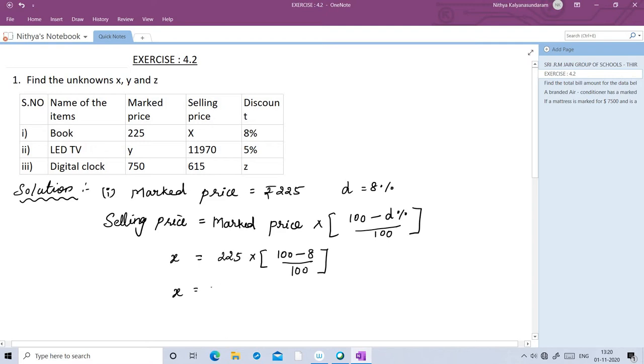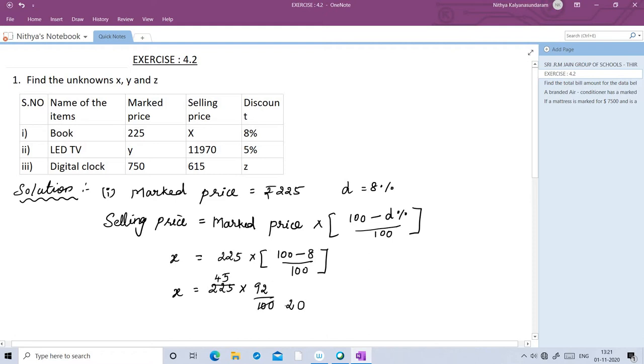So X is equal to 225 into 100 minus 8 is 92 by 100. So we can cancel in 5 table. 2 5s are 10, 0. 4 5s are 20, 5 5s are 25.